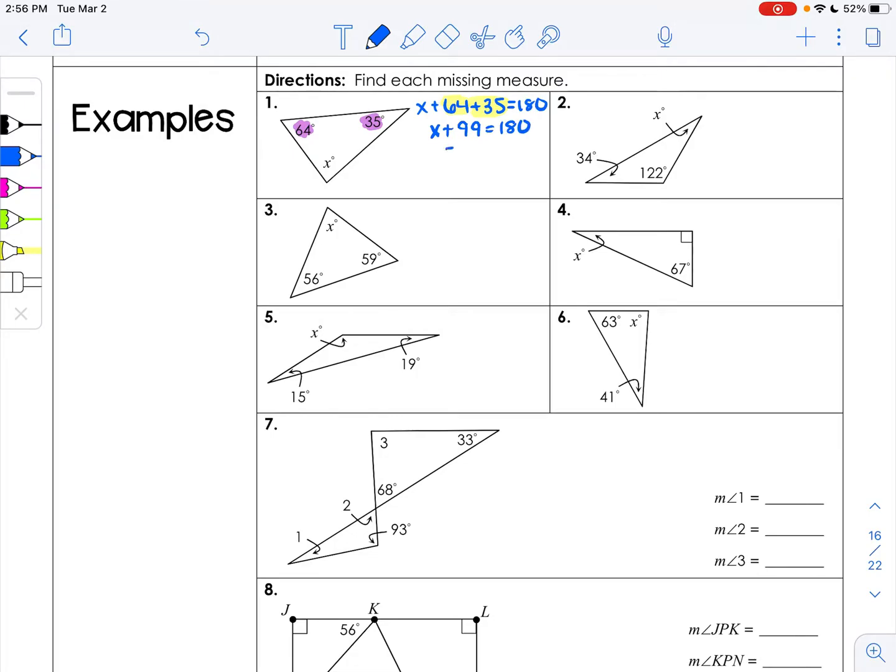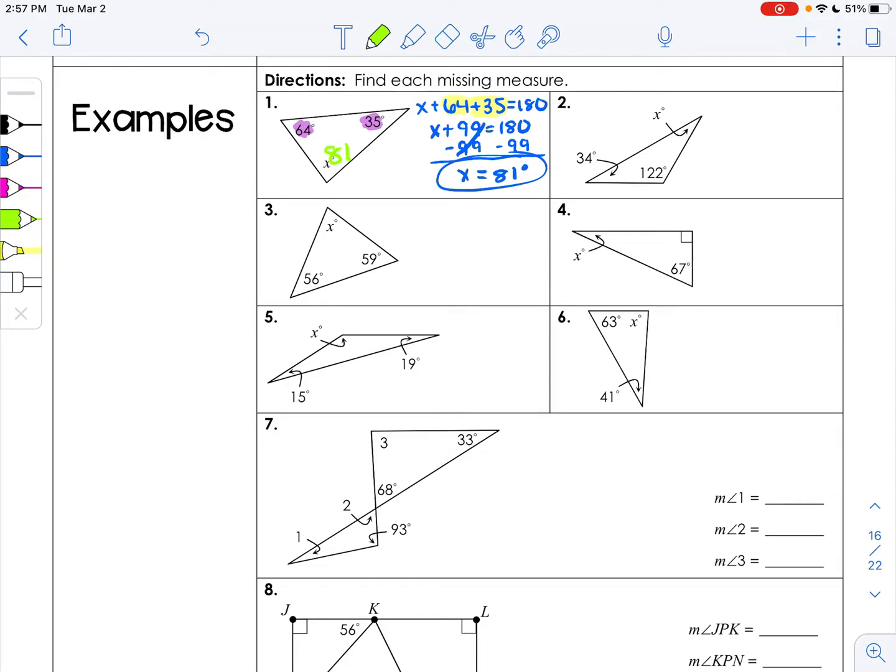I can then subtract 99 from both sides, and I find that x equals 81 degrees. And I can always check it by substituting it into my triangle and then adding all 3 of them up. 64 plus 35 plus 81 equals 180.